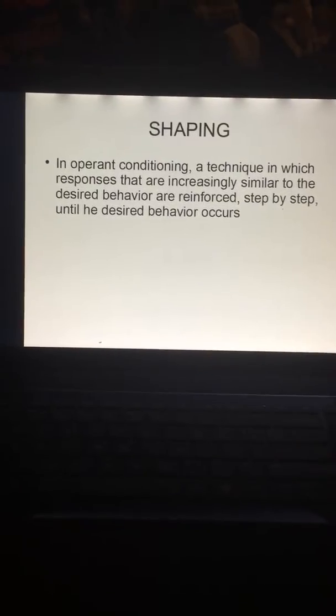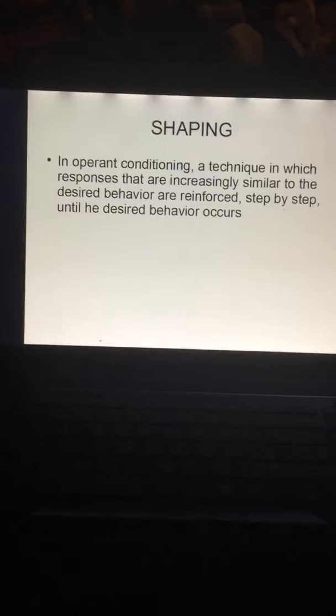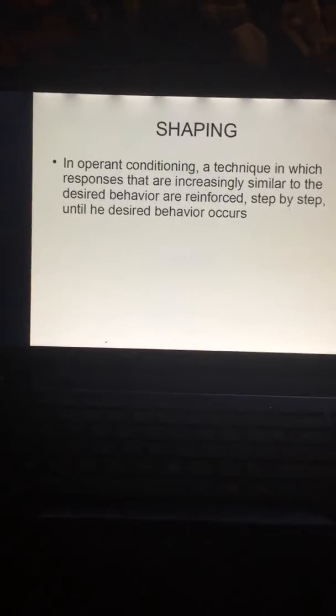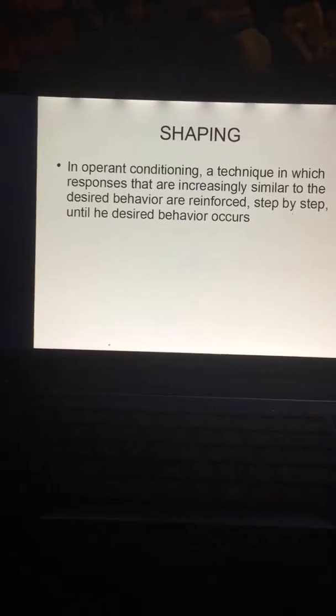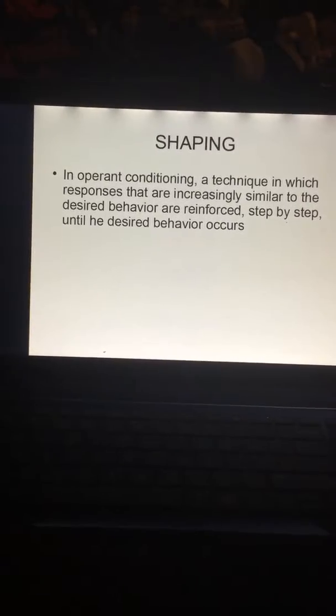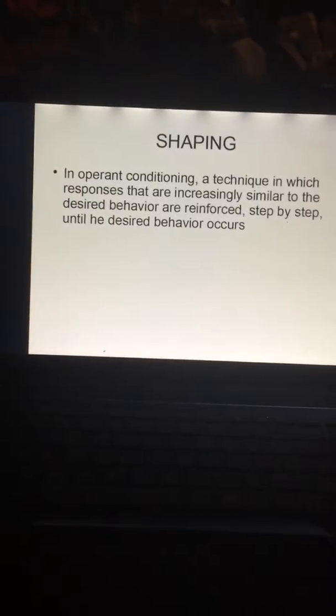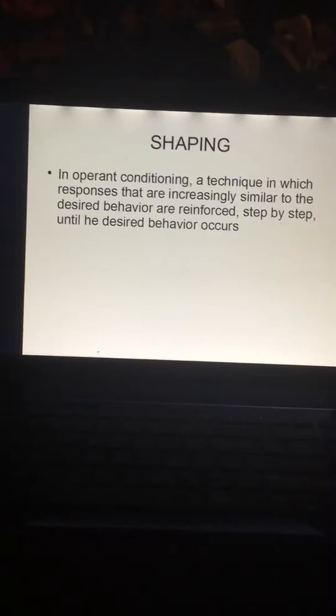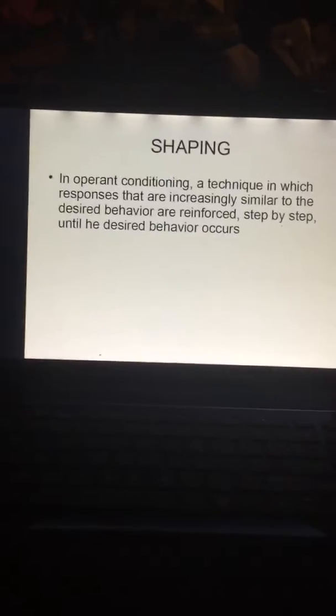Shaping. This is the technique in which responses that are increasingly similar to the desired behavior are reinforced, step by step, until the desired behavior occurs. Now, this may not mean you give the animal full reinforcement whenever he decides to randomly do what you want him to do.